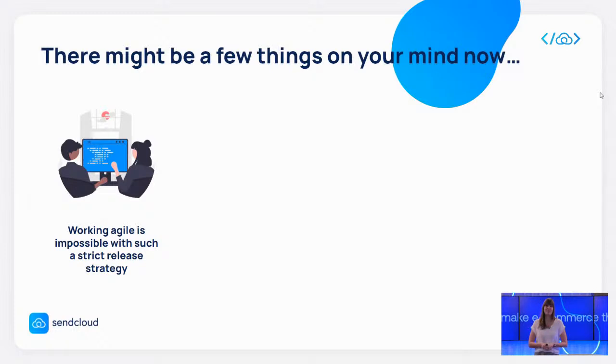We work very agile. However, working agile doesn't mean disrupting your user flow constantly. So I think with putting the user first and thinking a little bit more about how you're actually using your platform, you can still work very agile, but just be a bit more mindful on when you're actually releasing to the user.